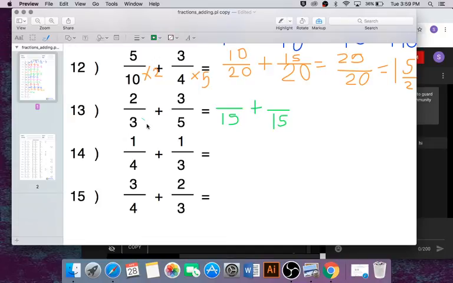So 3 times 5 is 15. And 5 times 3 is 15.